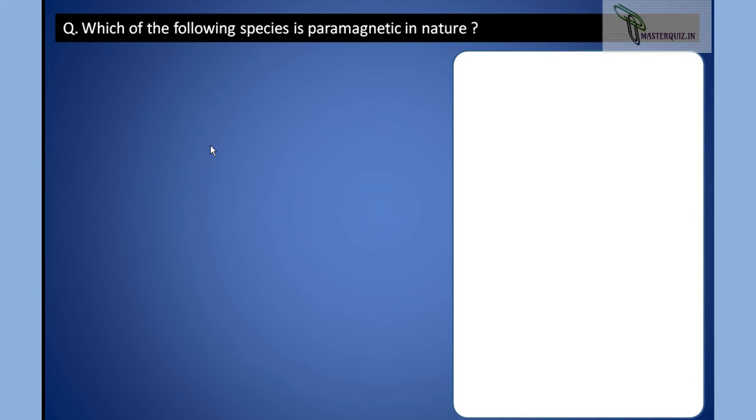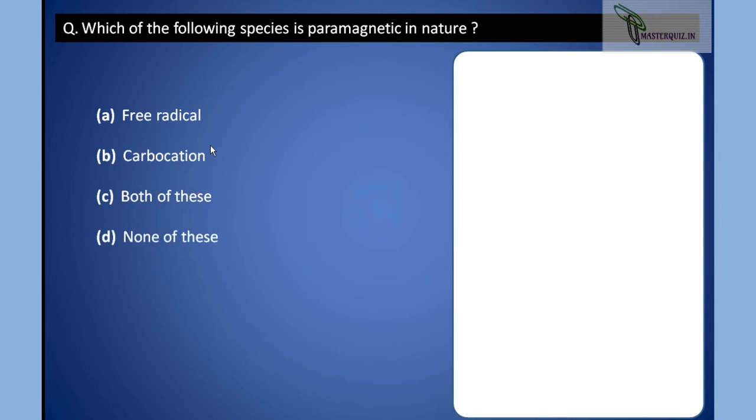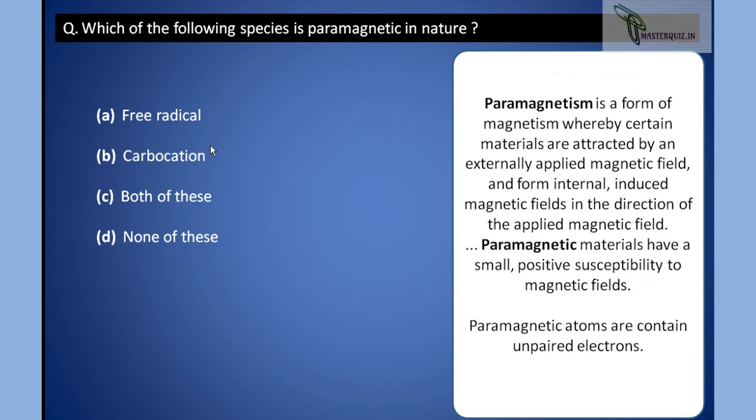The second question is, which one of the following species is paramagnetic in nature? The options are free radical, carbocation, both of these, and none of these. So what is paramagnetic? Simply you say which atom contains unpaired electrons, that shows paramagnetic nature.